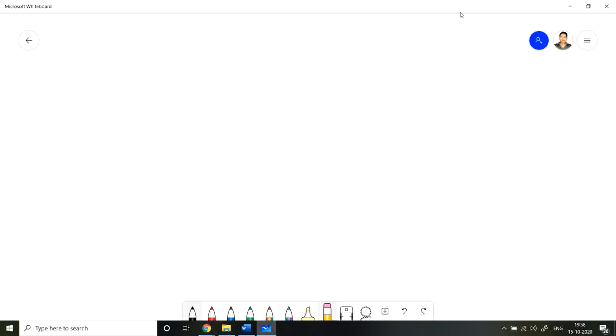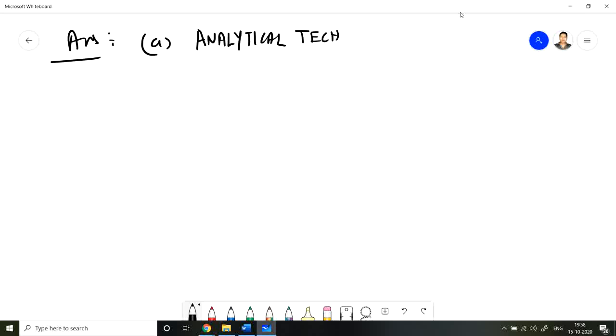So the solution of this problem: the first part is we have to solve by using an analytical technique. So how to solve this problem analytically?